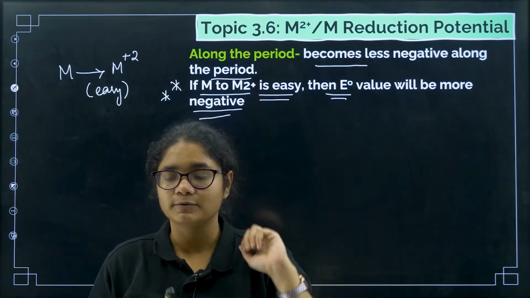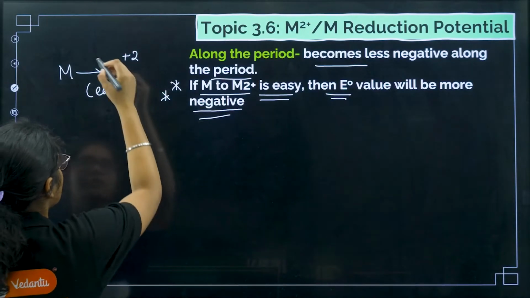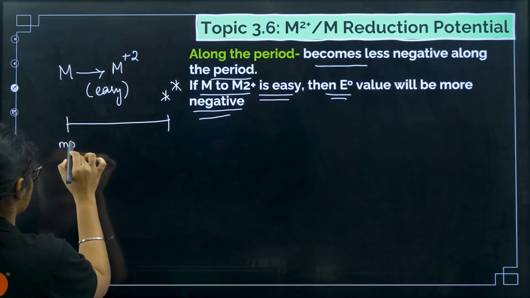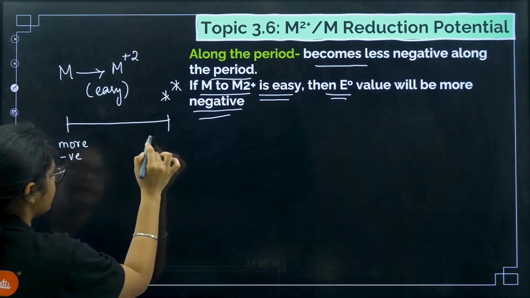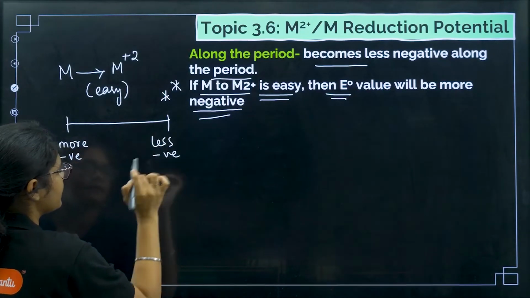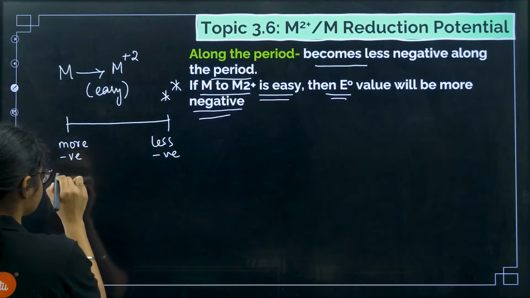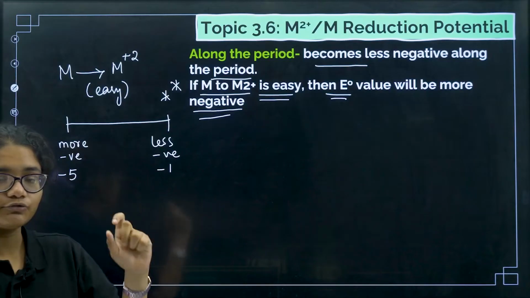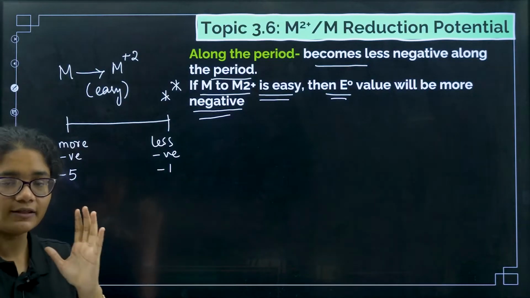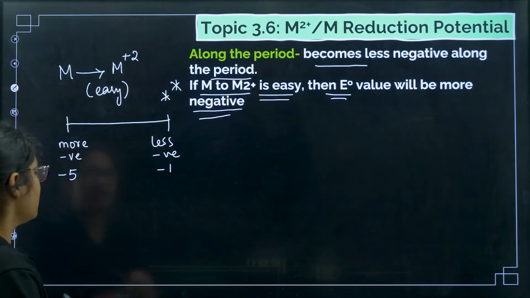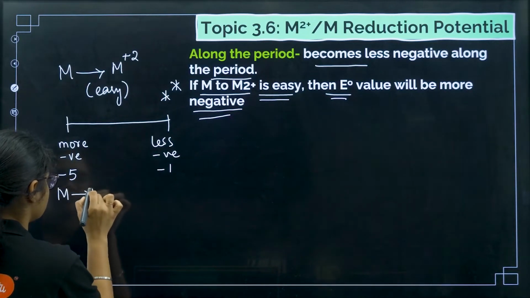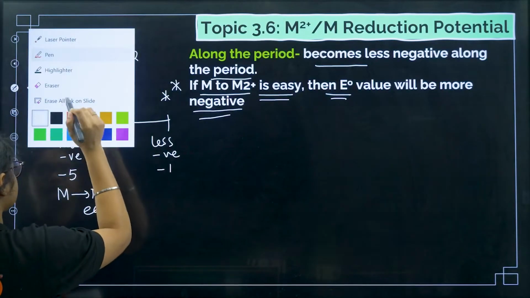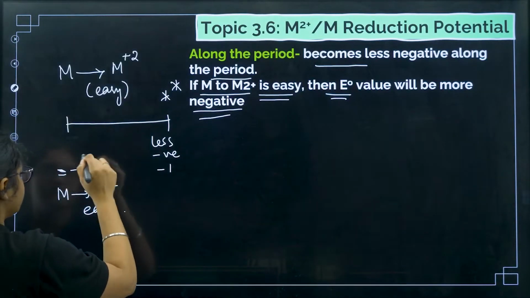More negative means, suppose along the period here it is more negative and here it is less negative. That means here suppose it is -5, here it will be -1. Understood? More negative means you should not think in terms of number, but the higher values of negative. And when will it be more negative? If M to M2+ conversion is very easy. Clear? Fine. Now we will discuss the trend.